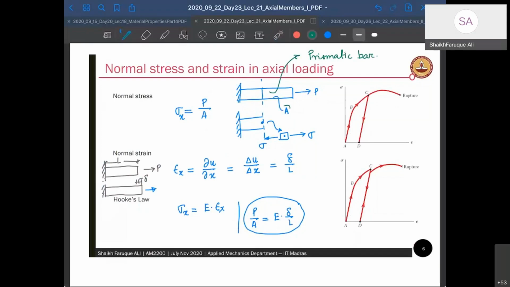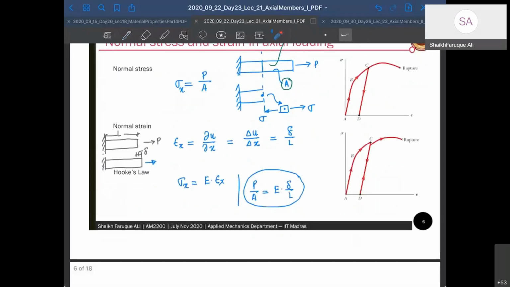Therefore, we know that the stress along the structure is going to be constant. It's not going to change because A is not varying, neither is P varying. Normal stress is given as P by A. Now looking at the normal strain, how do you find it? Strain epsilon x is going to be du by dx, if you know u.